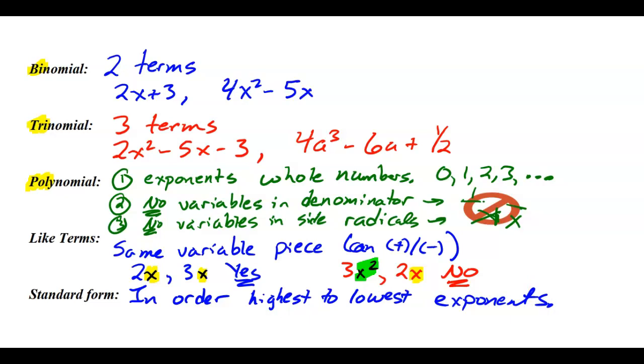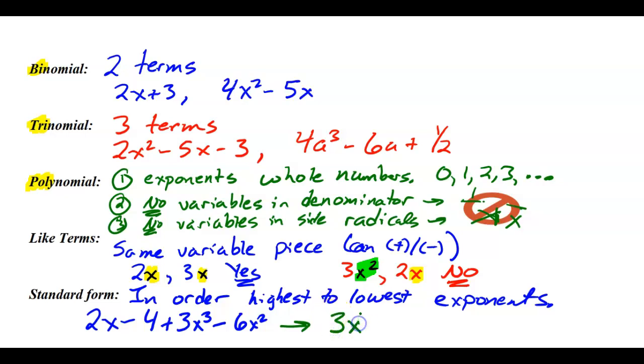So if I take 2x minus 4 plus 3x cubed minus 6x squared, and I want it in standard form, then I reorganize it from your highest exponent, which is 3.